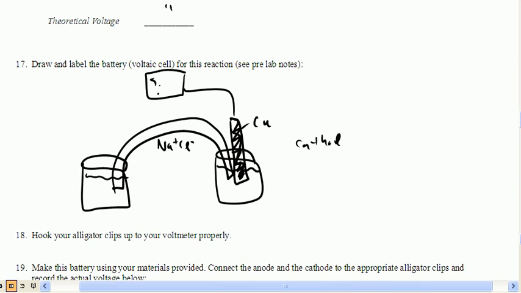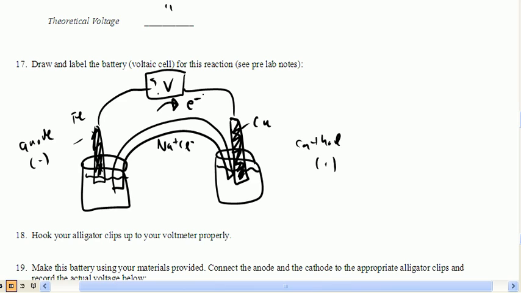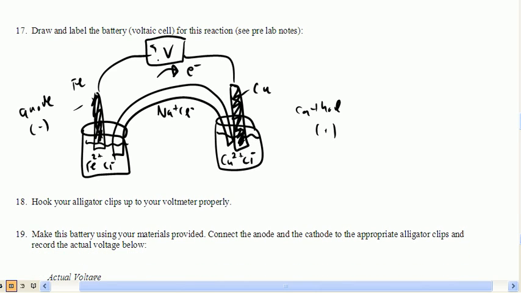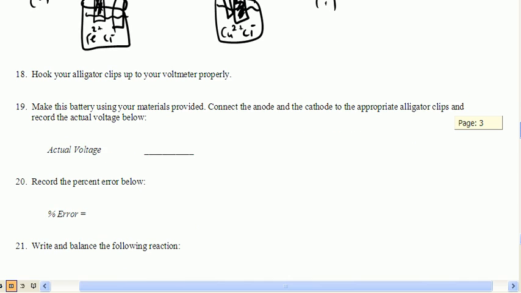And whatever you got here as your voltage is what you're going to put there. And that's going to be Fe, that's the anode. Okay, and electrons are going from anode to cathode. This is going to be an Fe2 plus Cl minus, and this is going to be a Cu2 plus Cl minus. Okay, your actual voltage is going to be whatever you got there.